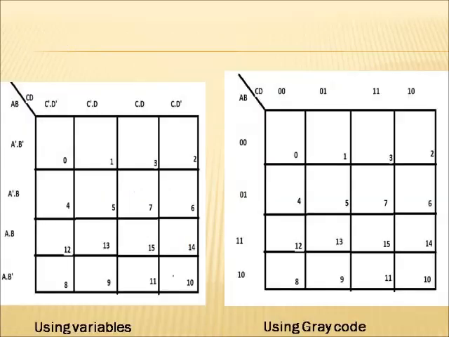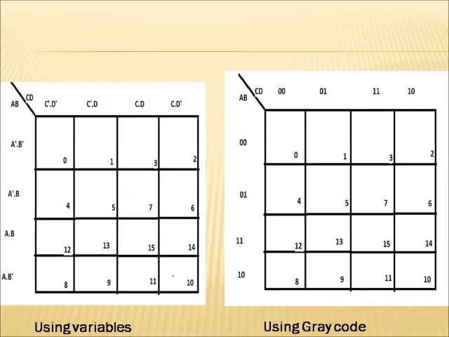Here on the left hand side you can see a 4 variable K-map. Of course it is an SOP expression. On the left hand side I am representing using the variables, and on the right hand side the same using the gray code, right?